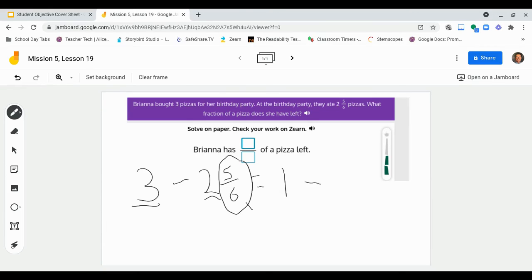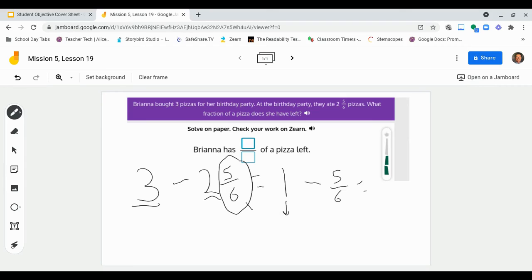And now what I'm really doing is 1 minus 5/6. You see what I did there? I subtracted my whole numbers, 3 minus 2, and I was left with 1. So then what I'm really doing is 1 minus 5/6. Now, can I do 1 minus 5/6 on my own? No, because I have to rename one whole as a fraction.